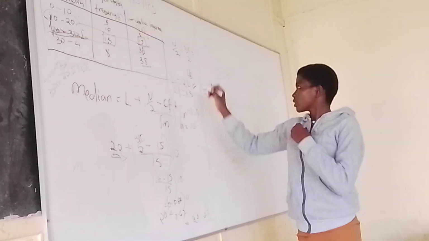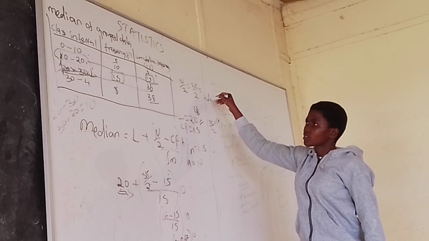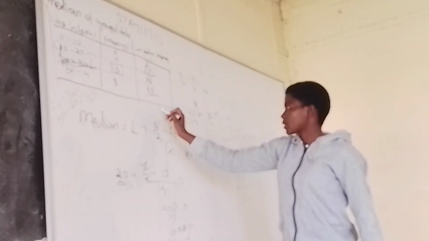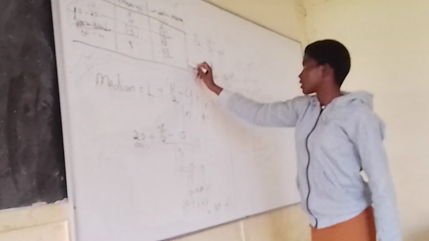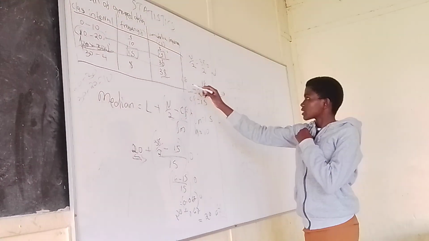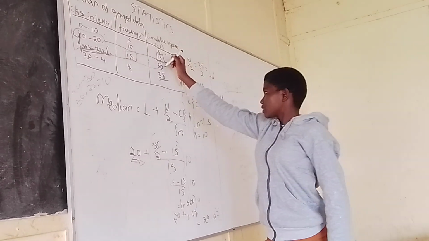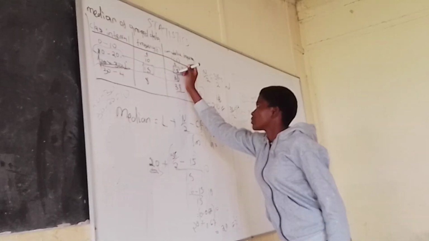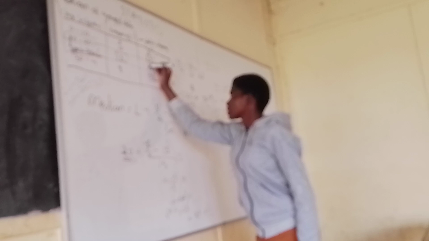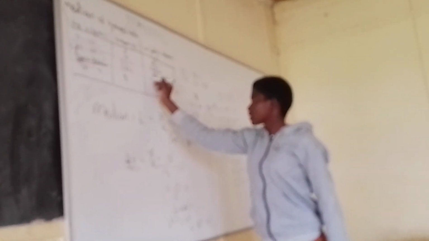you have to find the interval of the median class. You take N divided by 2. 38 divided by 2, you get 16. Then 16 is somewhere here. You have 5, then 15, then 30. So 16 is in between here.